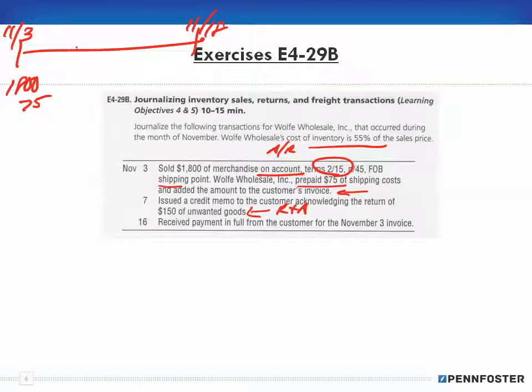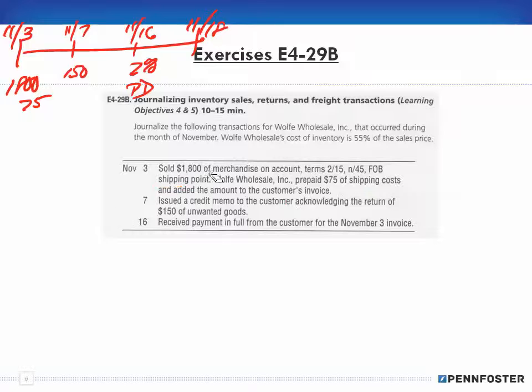Then on November 7th, there's a credit memo for $150 of unwanted goods. And then on the 16th, which falls within the discount period, they're getting a 2% discount, and they're paying for the invoice, paying for the receivable in full. So let's journalize these entries.